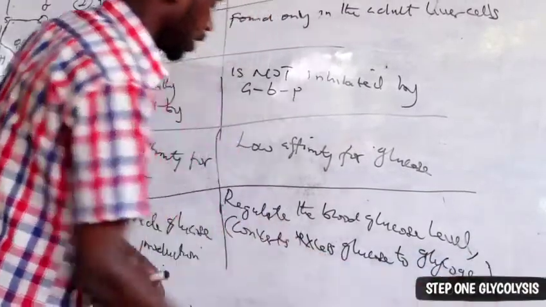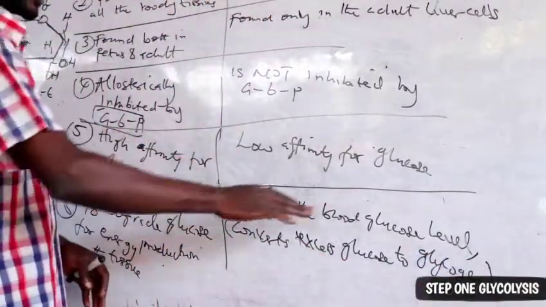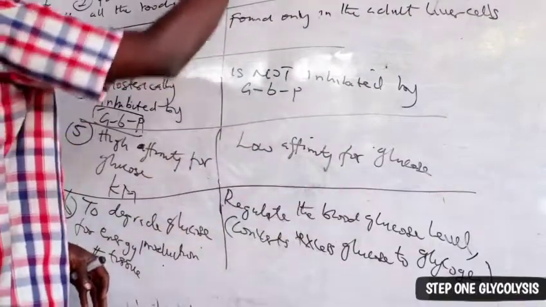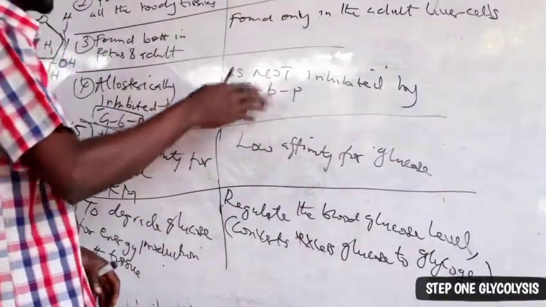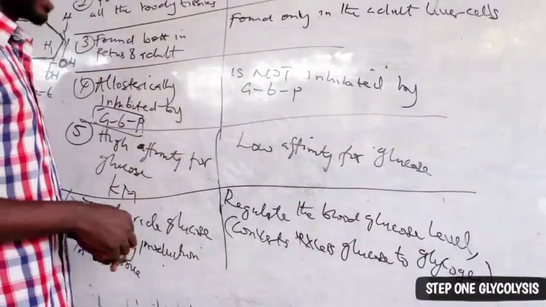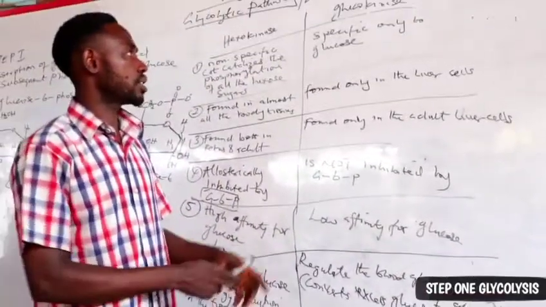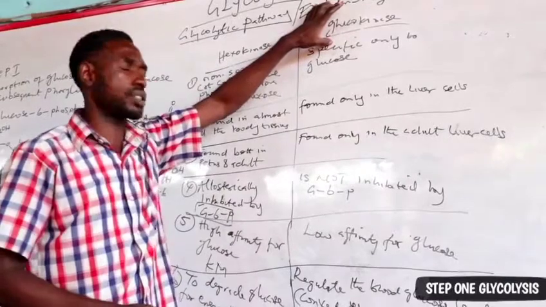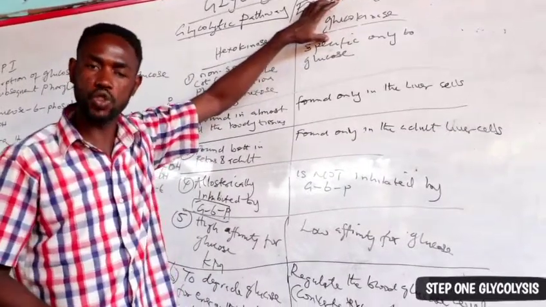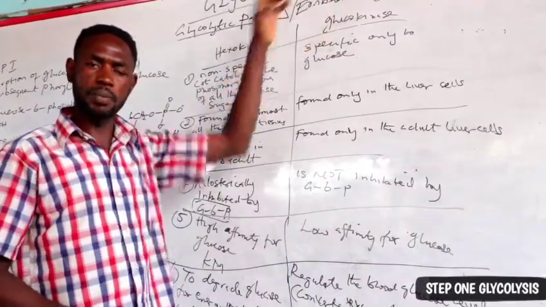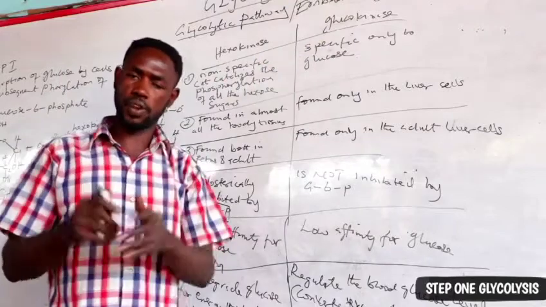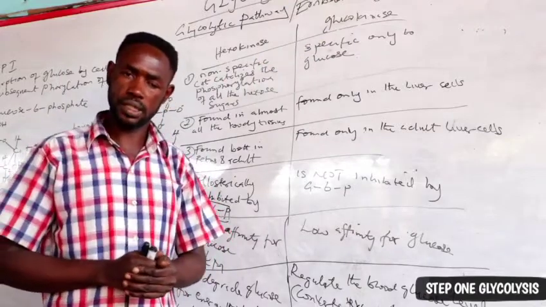So it comes into play just after a meal when you have taken excess glucose, and the glucose in the liver will be converted to glucose-6-phosphate. The aim is not to yield energy, rather to keep it in a storable form. In other words, this enzyme ensures that glucose is conserved in our body, not wasted, when you have gotten so much. Remember, the liver is responsible for regulation of our blood glucose level. How does it do that?